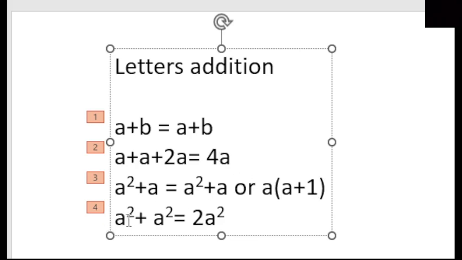Here, the same powers, a square plus b square, then they get added up, but the power stays the same. That will be discussed in multiplication and division, what happens to the powers. But in addition and subtraction, the power has to be the same to add them up.